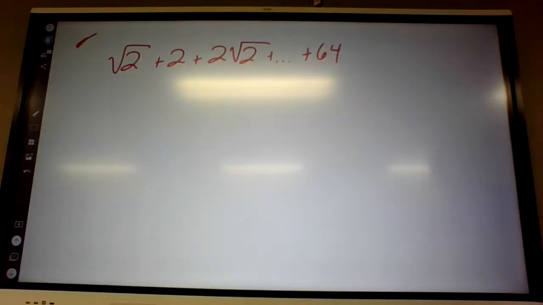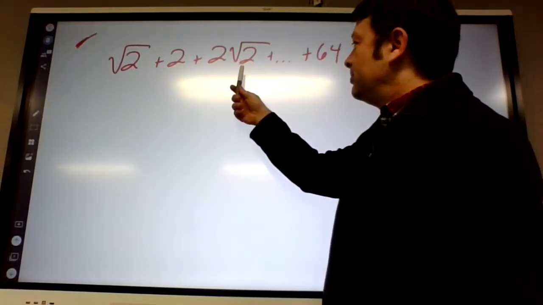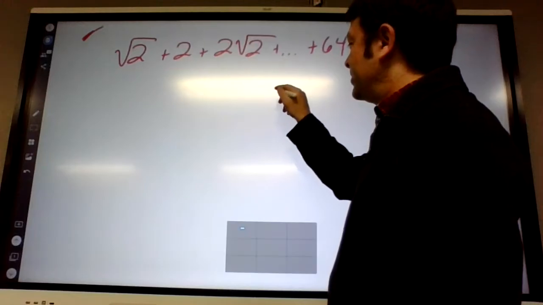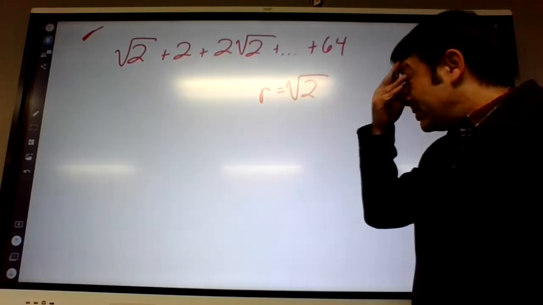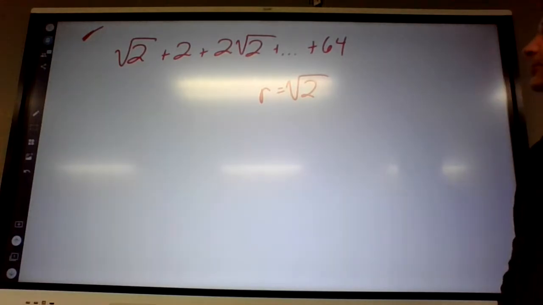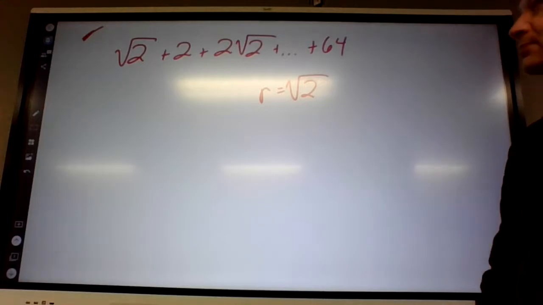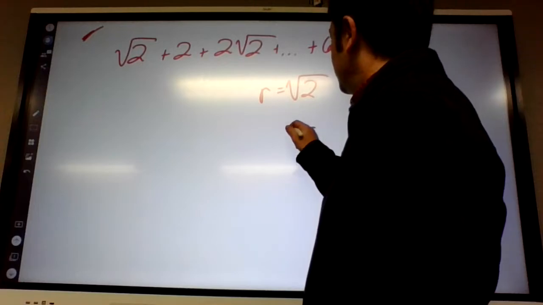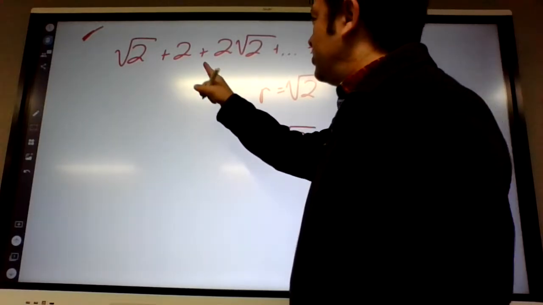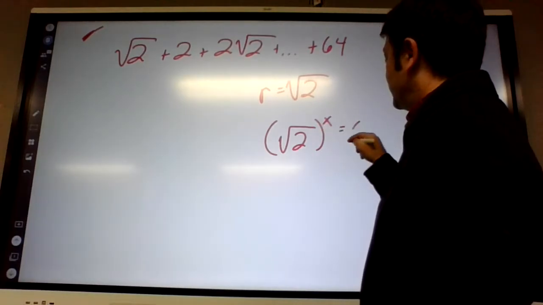Yeah, that's true. Okay, so how do we get from square root of 2 to 2? By multiplying by square root of 2. We call that the common ratio. Then we need to know how many terms we were adding together. You guys remember how we found that? Log base square root of 2 of 64 equals n. It's square root of 2 multiplied how many times until we get to 64.